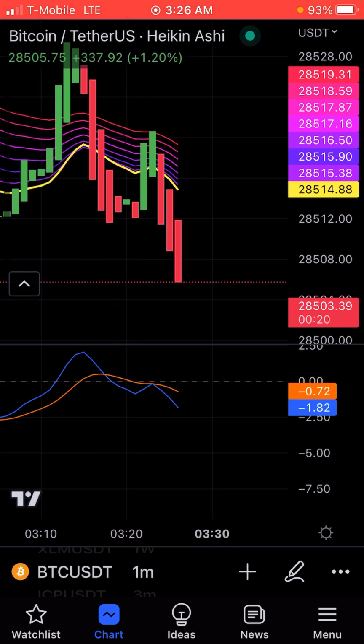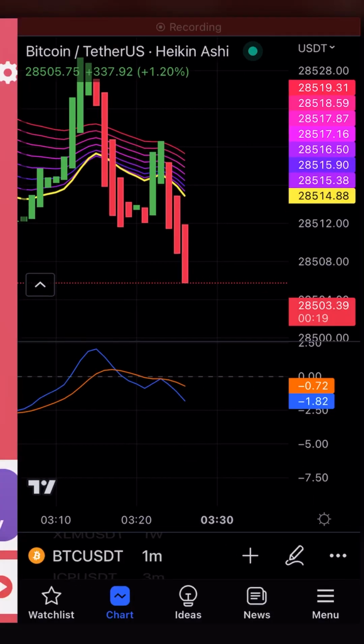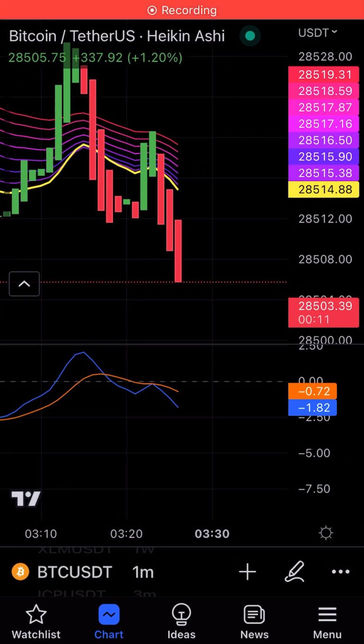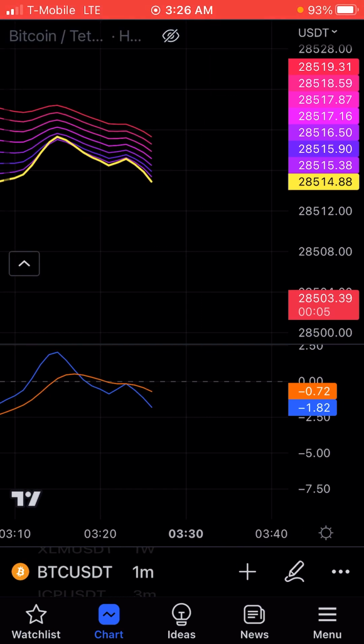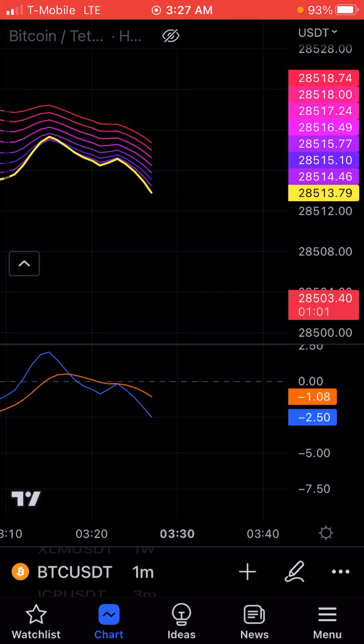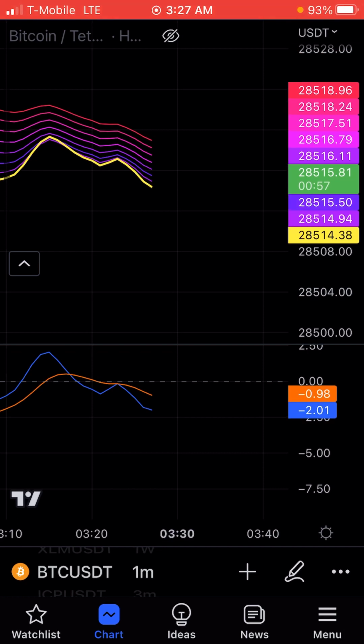If we look at my trade, I actually have one going, and I'm still down 19 cents, but if this keeps going down, I'll be in profit. From the looks of things, it still is going to be going in a down direction. As soon as you make reasonable profit, you can just sell and then redo the whole thing.